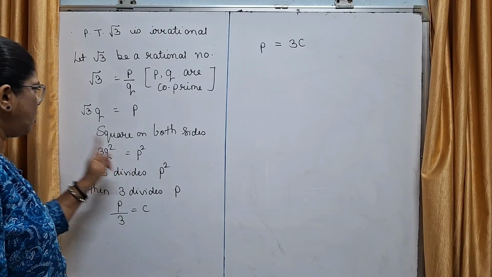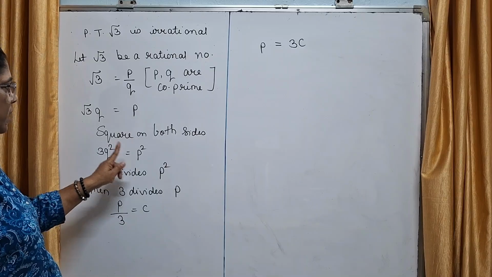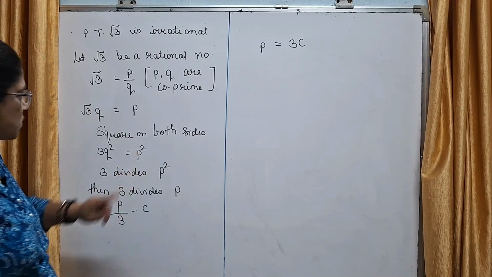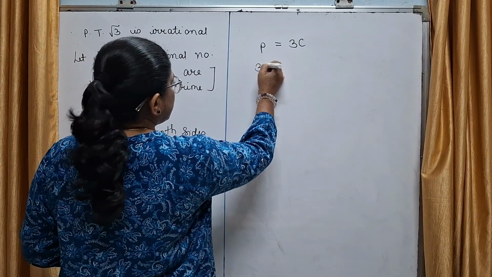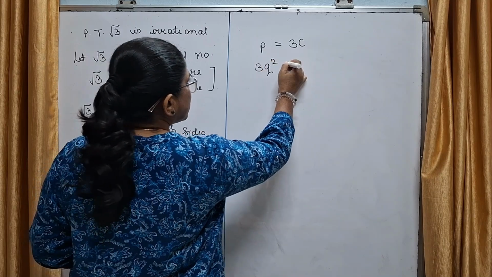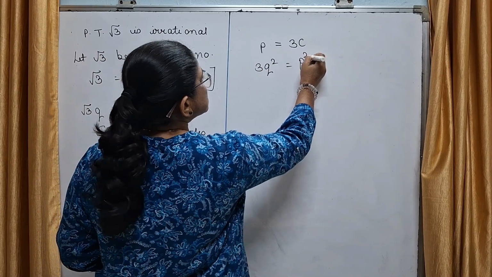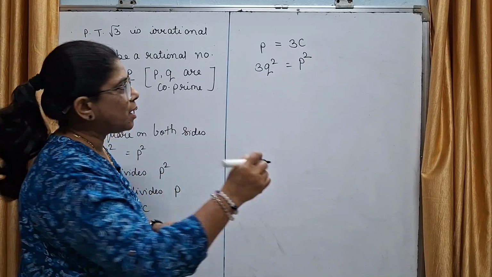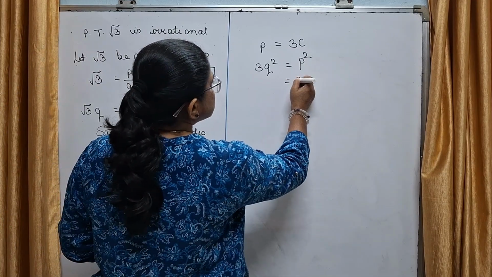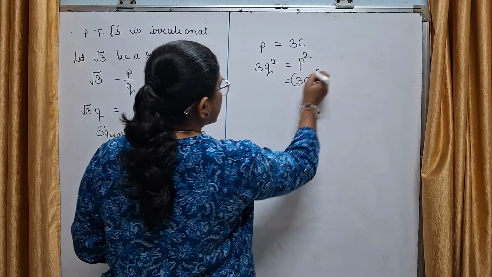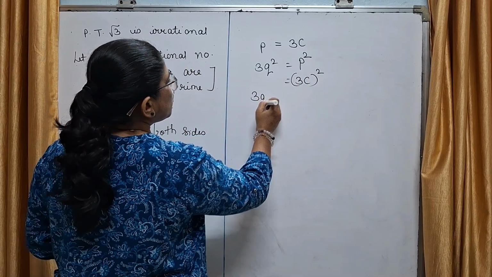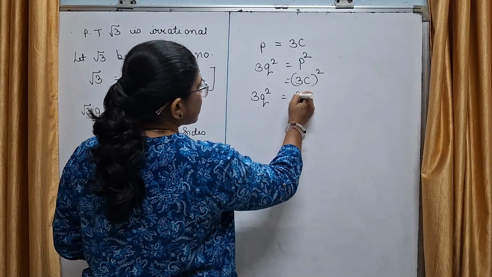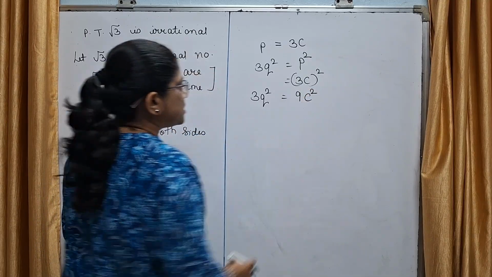Now here what we have, 3Q square is equal to P square. Now here what is the value of P? We will take P as 3C, which is 3C square. Now here we have 3Q square is equal to 9C square.